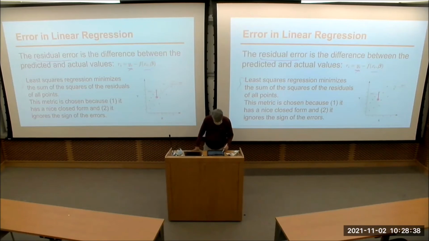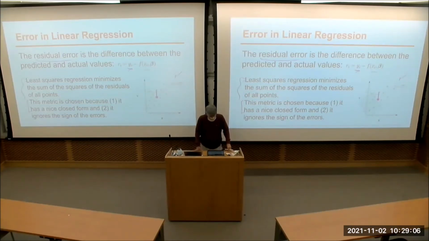Least squares regression gives us the line that minimizes the sum of the squares of the residuals. And why do we like that? Well, first, we like it because there is a nice closed form for it, so we can find the coefficients of the line that minimizes the square of the residuals.